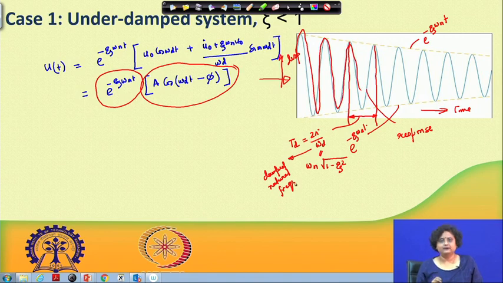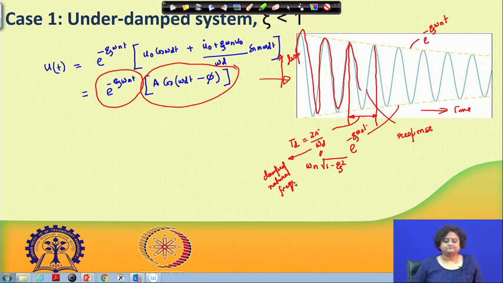If we have a single degree of freedom system undergoing free vibration due to initial condition and the damping factor is less than 1, then the response of the system is going to be sinusoidal with a time period of 2 pi by omega d, where omega d is the damped natural frequency, which is slightly lower than omega n, and the amplitude of this sinusoid is going to decay exponentially, expressed by e to the power minus zeta omega n t.